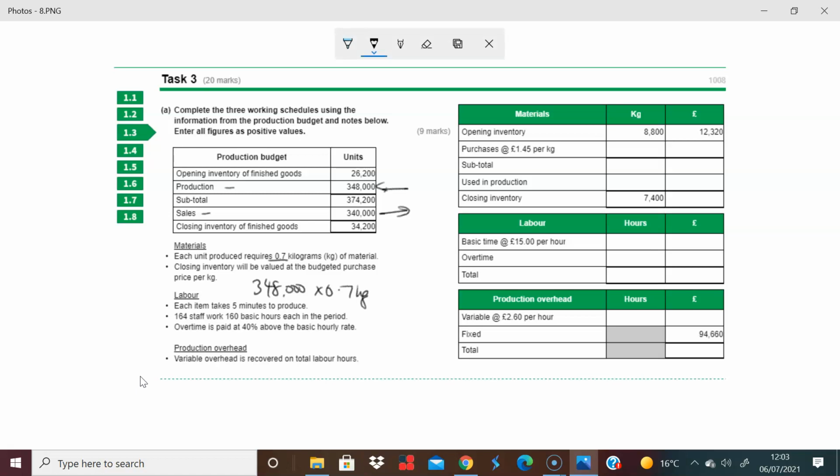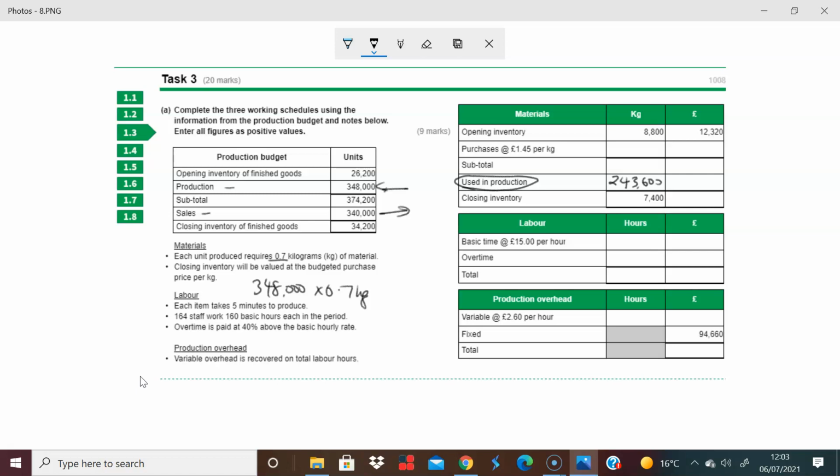So in terms of what I will be using in my production, I know I'm going to be needing 348,000 times 0.7. So let's just do that. 348,000 times 0.7 takes us to 243,600. Right? So I know this is what I'm going to need in terms of my production.